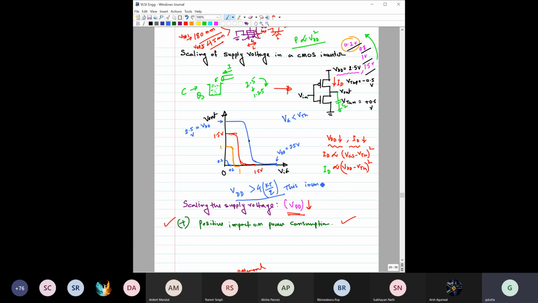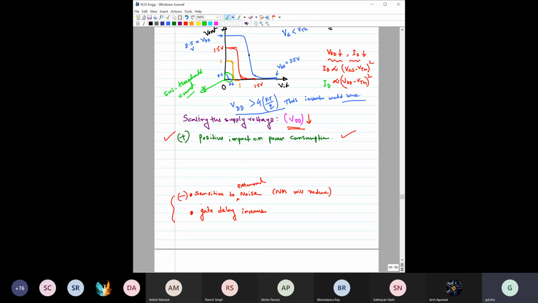This is because of the subthreshold current. Now, what is the subthreshold current and all these things?